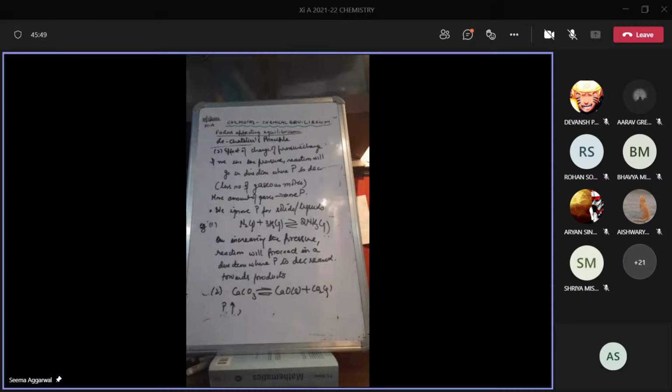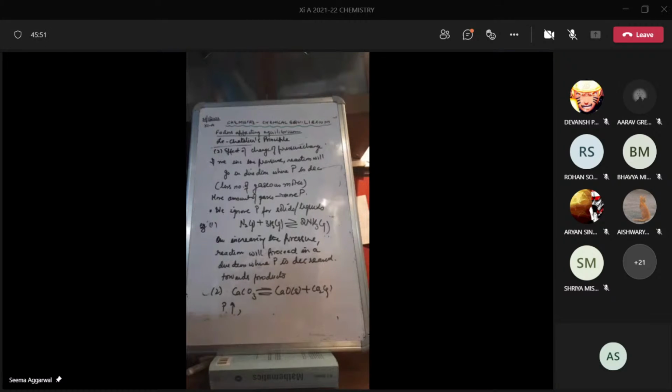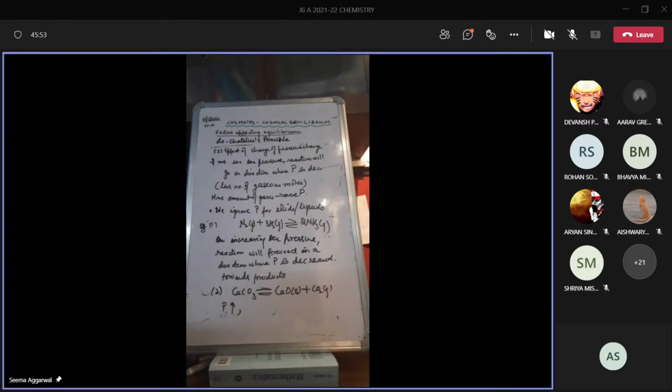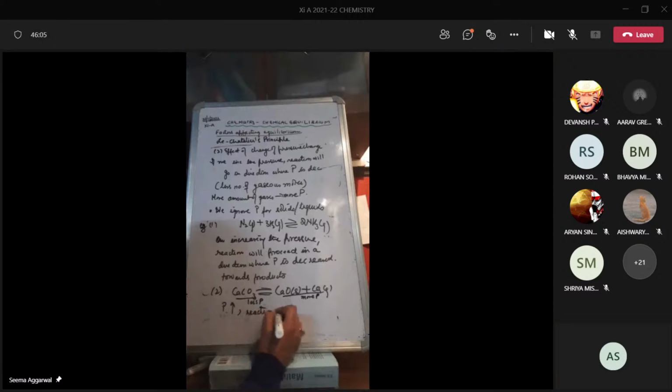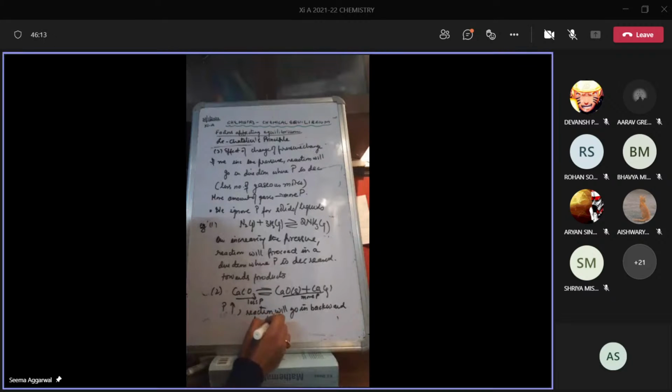Backward. Here there is more pressure, and here there is less pressure. So if the pressure increases, the reaction will go in the backward direction. So this is the effect of change of pressure.